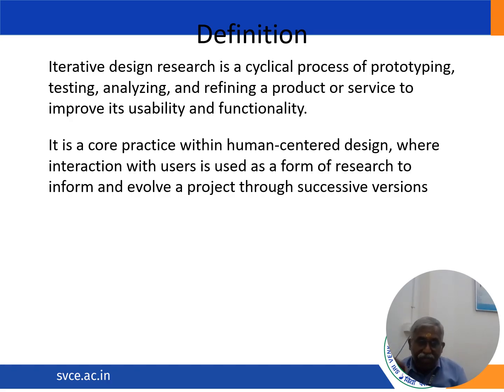We have various versions, and based on that we implement the product development. It is a cyclic process: we introduce one thing, then immediately we have the next version. Even in the automobile sector, we have various cyclic versions.